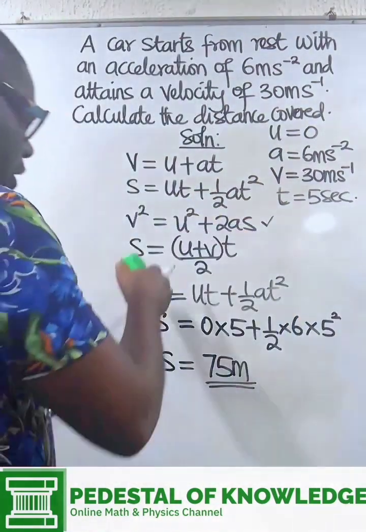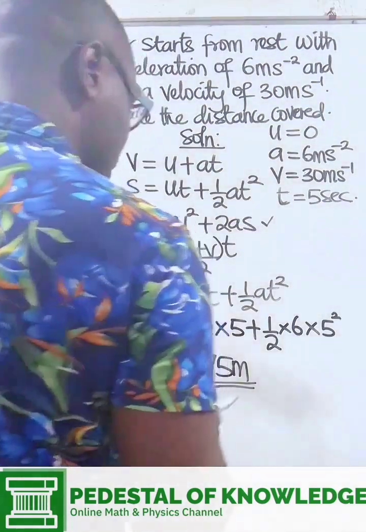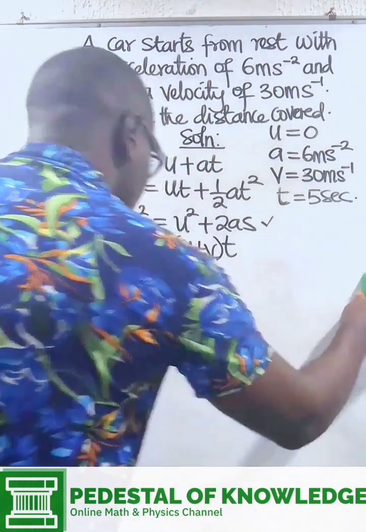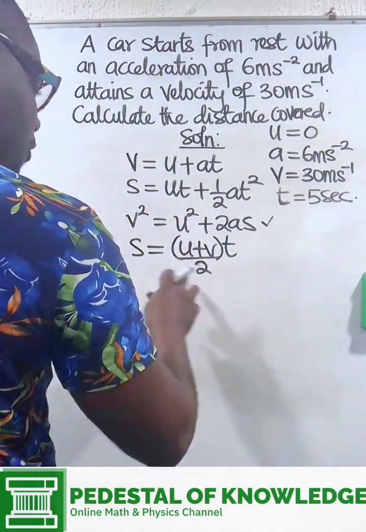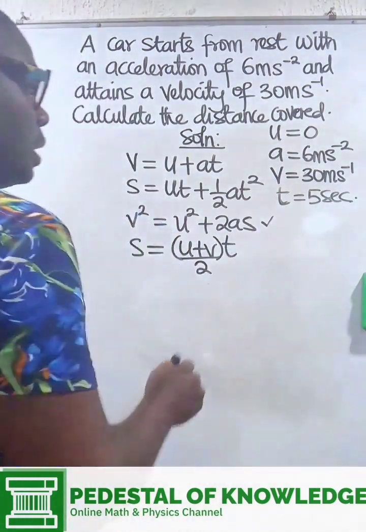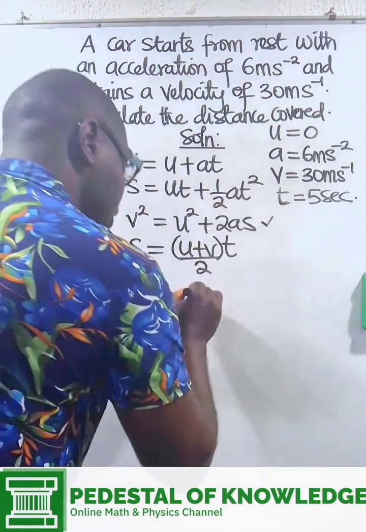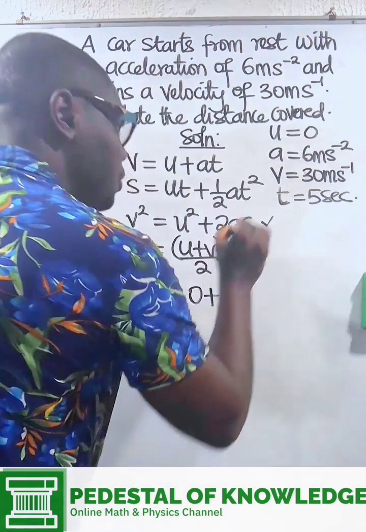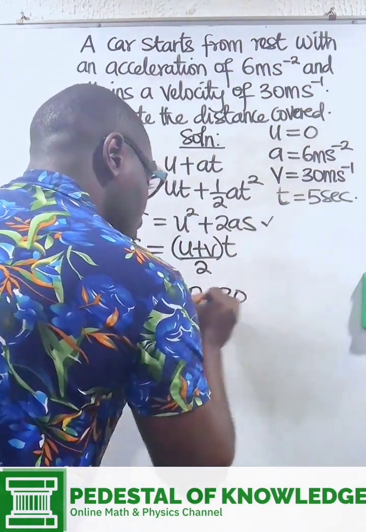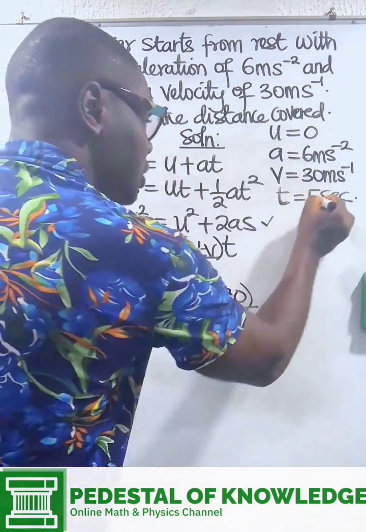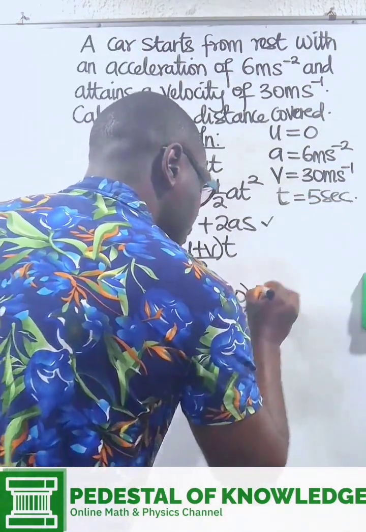Now, let us use this equation to get the same answer. It says S is equal to U plus V divided by 2 multiplied by T. That means that S is equal to U, which is 0, plus V, which is 30, divided by 2, then multiplied by T, which is 5.